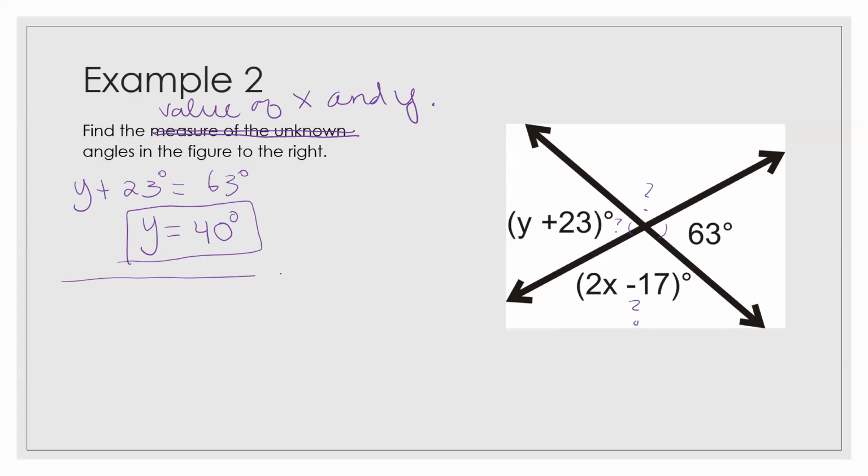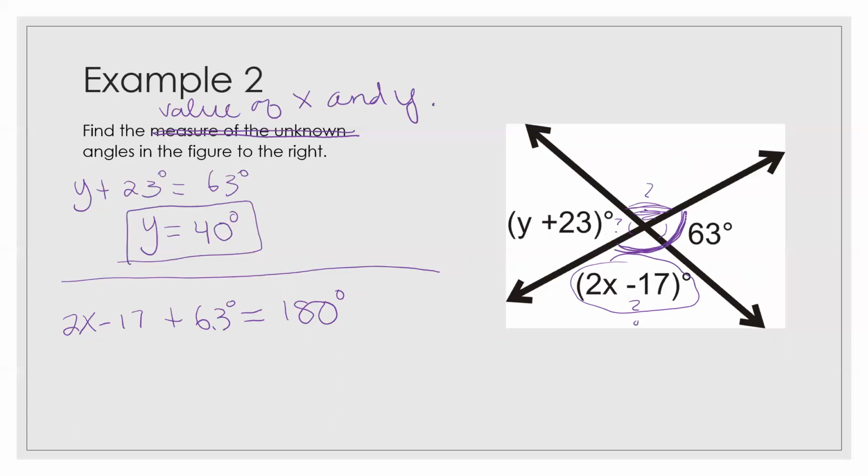Now, as far as finding X, you have some options, right? You figure this and that, this question mark right here, plus 63 degrees is 180. So you can find this and say this one right here and this one right here are vertical angles, or you can just say 2x minus 17 plus 63 is equal to 180 degrees, because that really is a straight angle from here to there, right?